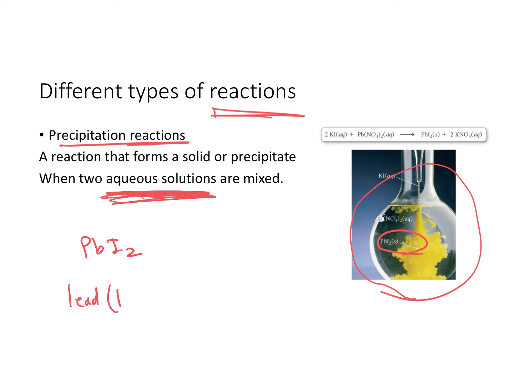Exactly, lead II iodide. And first of all, what type of compound is it? Is it molecular or ionic? Ionic, yes, thank you.